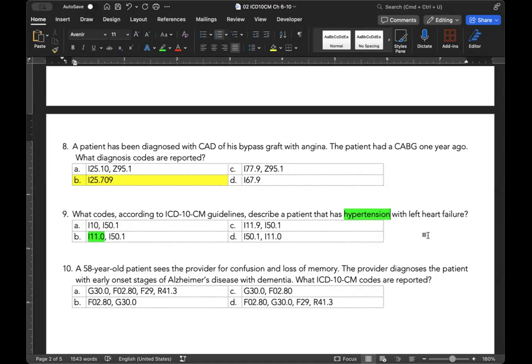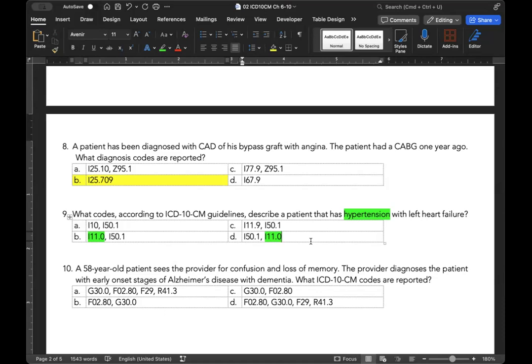So since our use additional code note is present, we can go directly to I50.